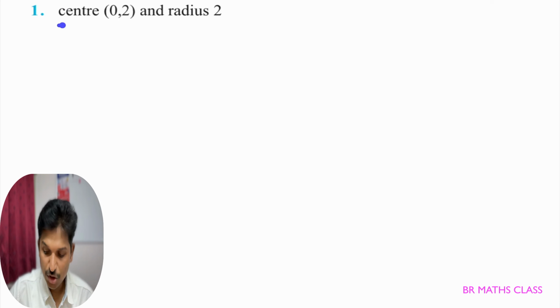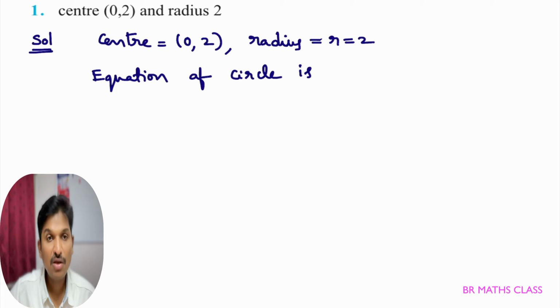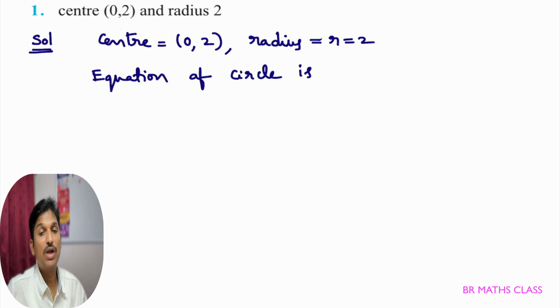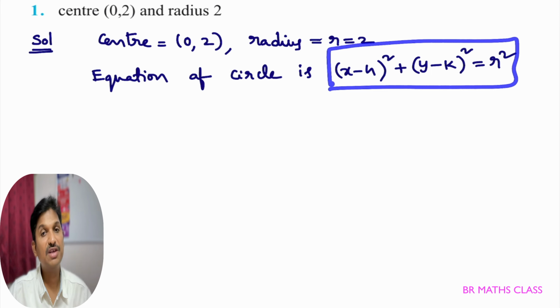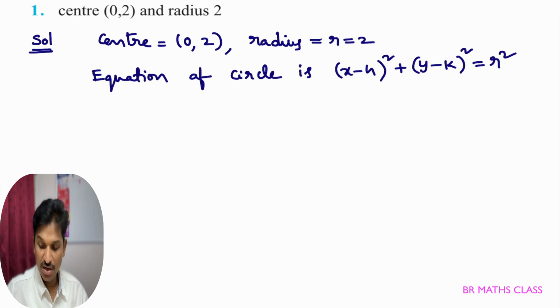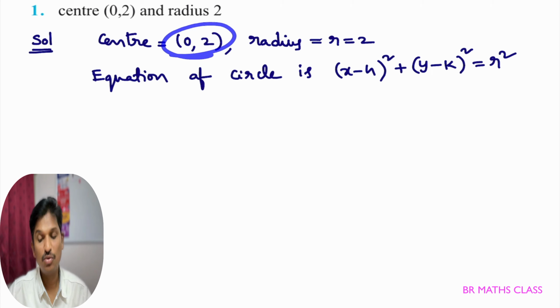In this question, the center is given as 0, 2, and the radius is given as 2. When they give the center and radius, to calculate the equation of a circle, one and only one formula: x minus h whole square plus y minus k whole square equal to r square. Here the center is 0, 2, radius is 2, right?